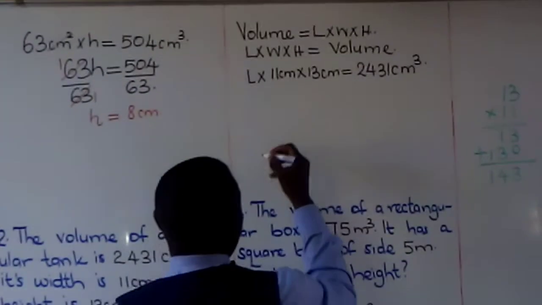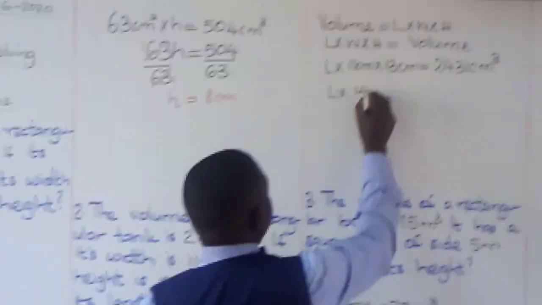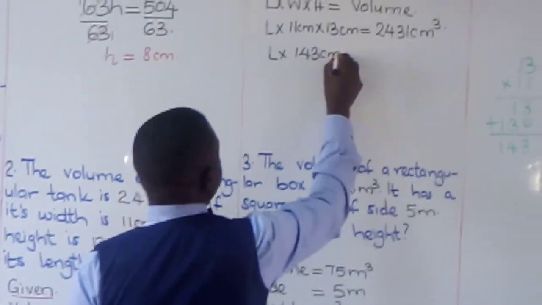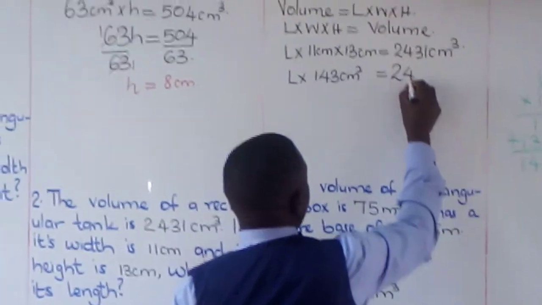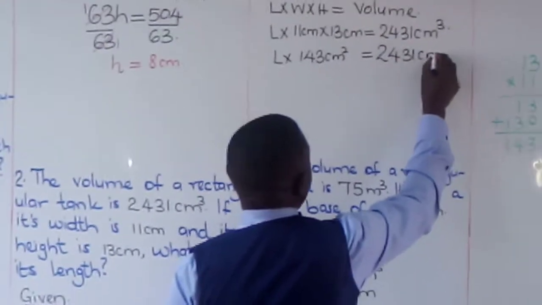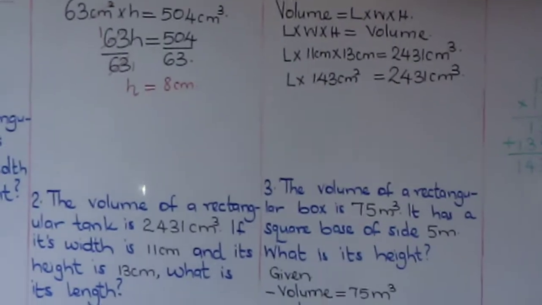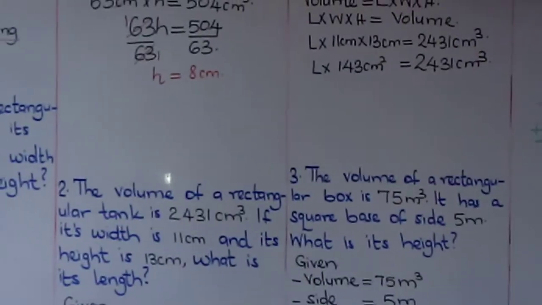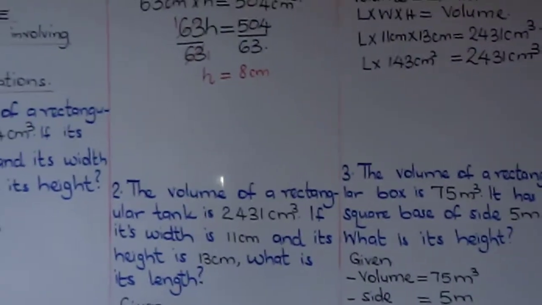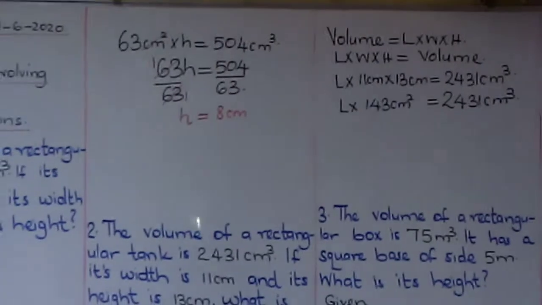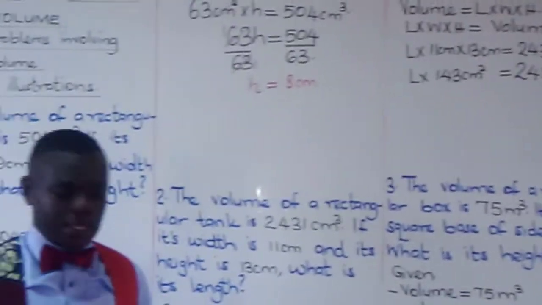So the answer here is L multiplied by 143 centimeters square is equal to 2,431 cubic centimeters. Now, the rule is, Sharon, when you're multiplying an unknown number by a known number, correct, Sharon?